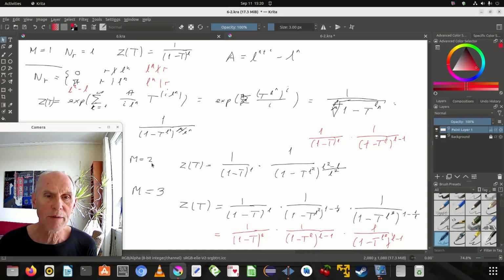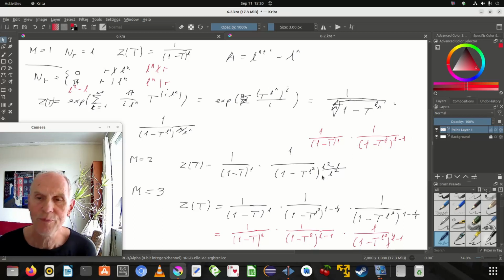Now going down to m equals 2, we get A here is then L to the second minus L, and n is unity, so it must be divided by L, and that means we get 1 divided by t to the Lth to the L minus 1.